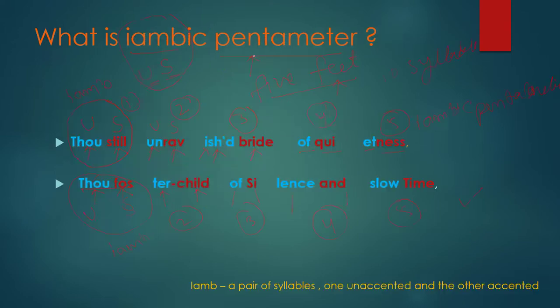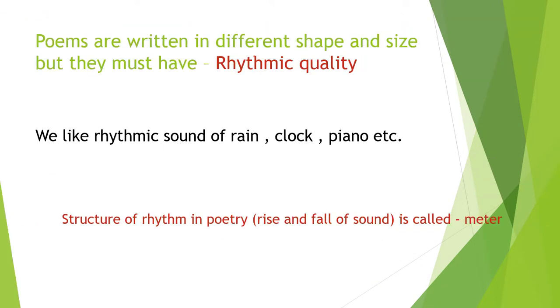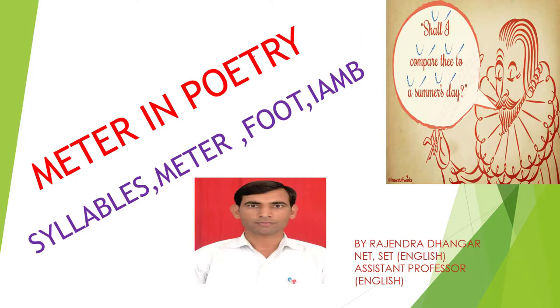Now again we will move to our initial slide where we have a line, Shall I compare thee to a summer's day. This is a sonnet by William Shakespeare. Here we see the rhythm, the meter of the line. Shall I, here the first vowel and I the second vowel. The first one is unstressed, I is stressed.